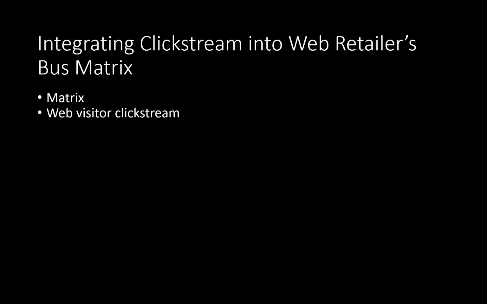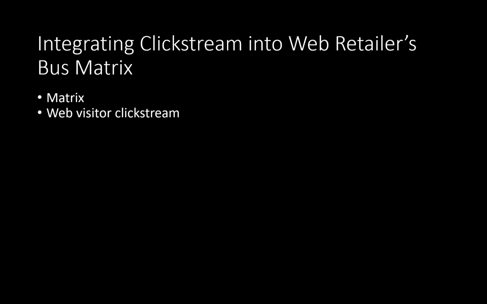Any application that wants to integrate web visitor clickstream data into the rest of the business process will be able to do so because they share common dimensions, or conformed dimensions.